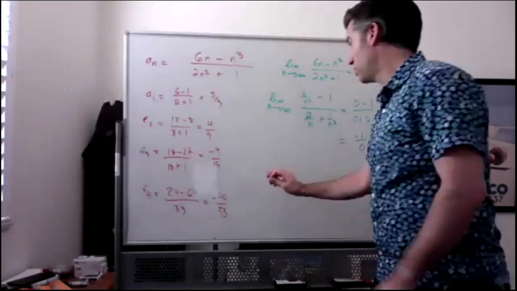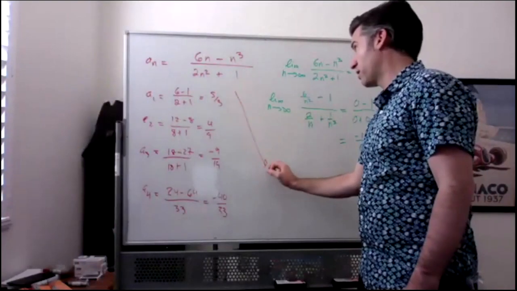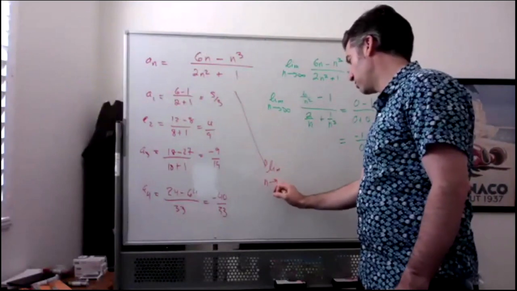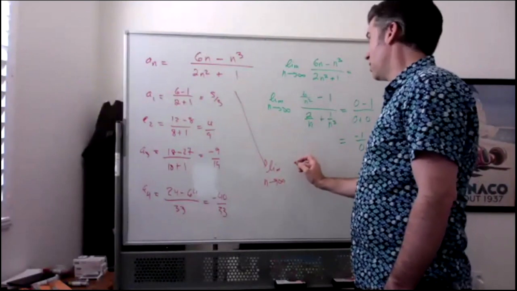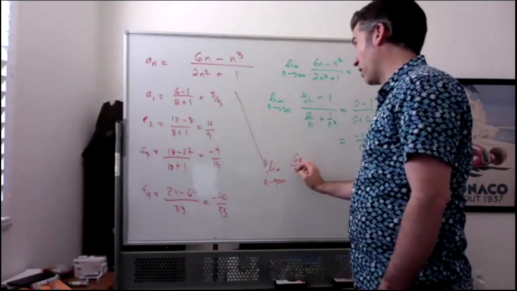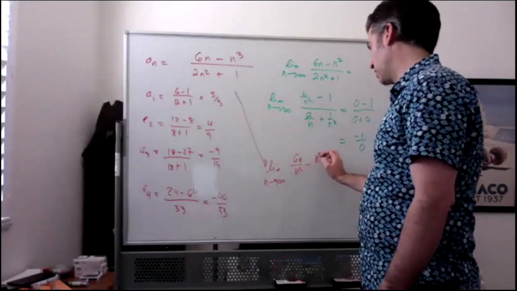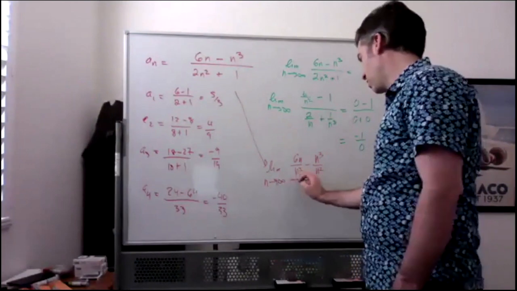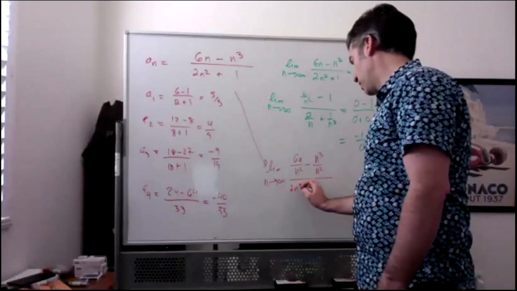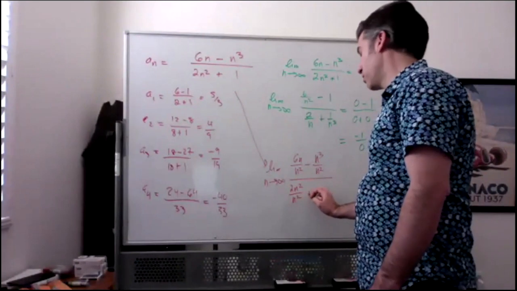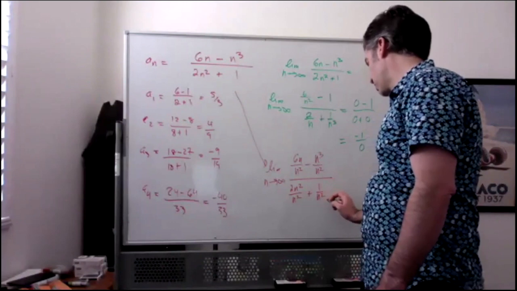Okay. So I do that, I get the limit as n goes to infinity of 6n over n squared minus n cubed over n squared over 2n squared over n squared plus 1 over n squared.